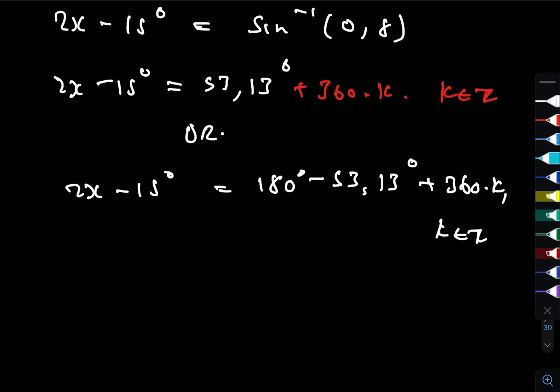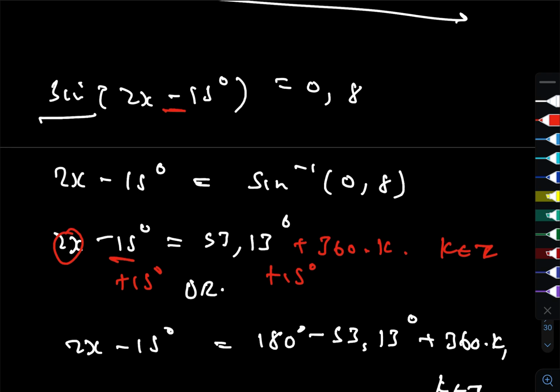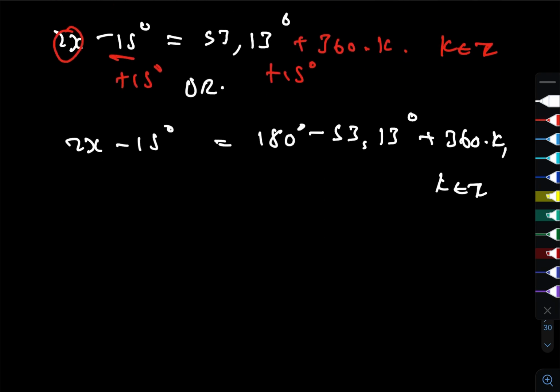All right. So now I'm looking for the x, not the 15 degrees. So I'm just going to add 15 degrees on the left and also add 15 degrees on the right hand side, because here it was 2x minus 15 degrees, just to make sure that we are on the right path. On the left I'm left with 2x.